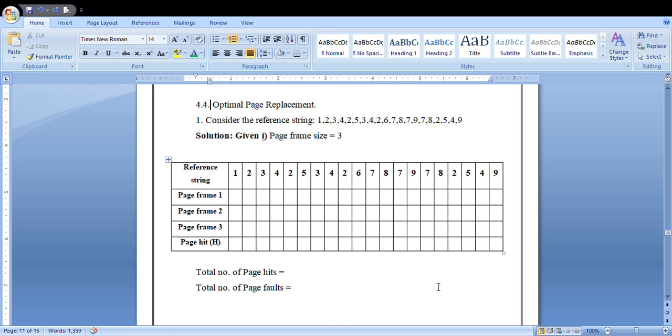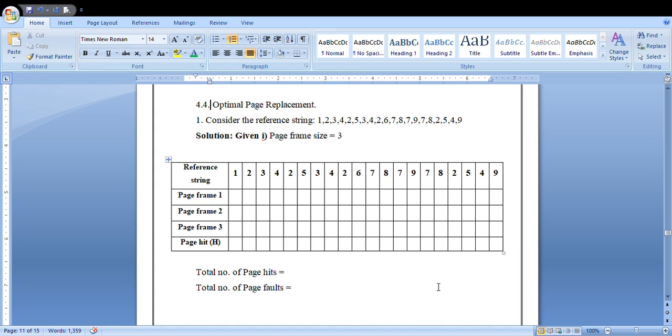What is the difference between LRU and the optimal page replacement algorithm? In LRU, whenever the page is existing in the frame and it arrives once again, you restart the count of that page from that particular point.